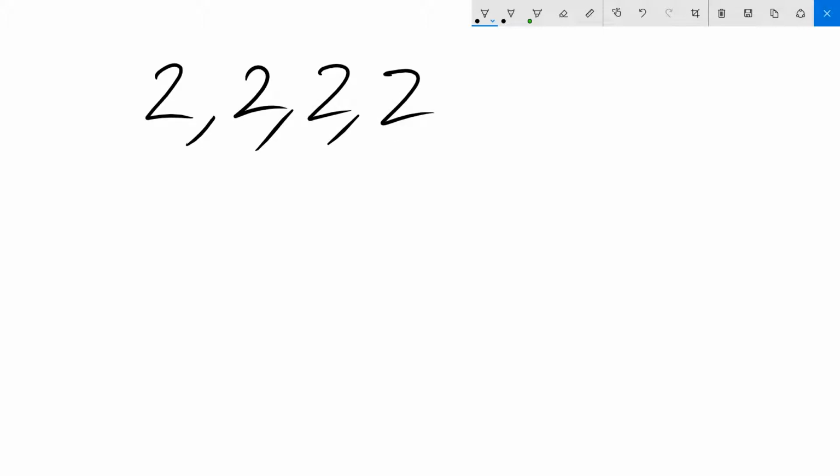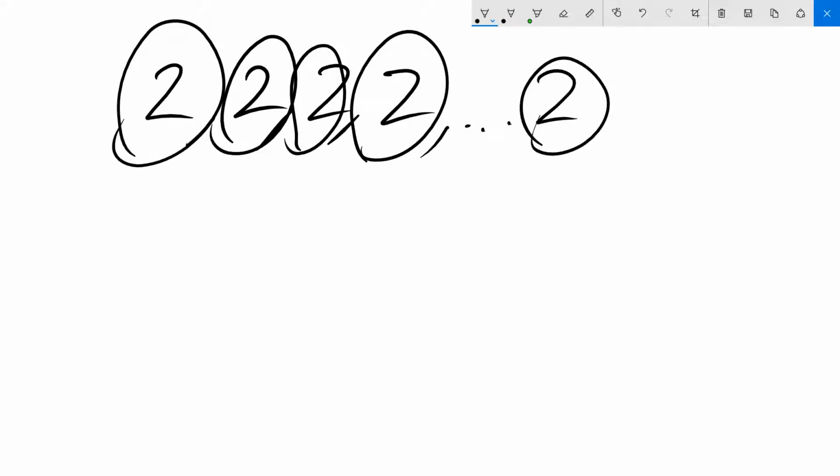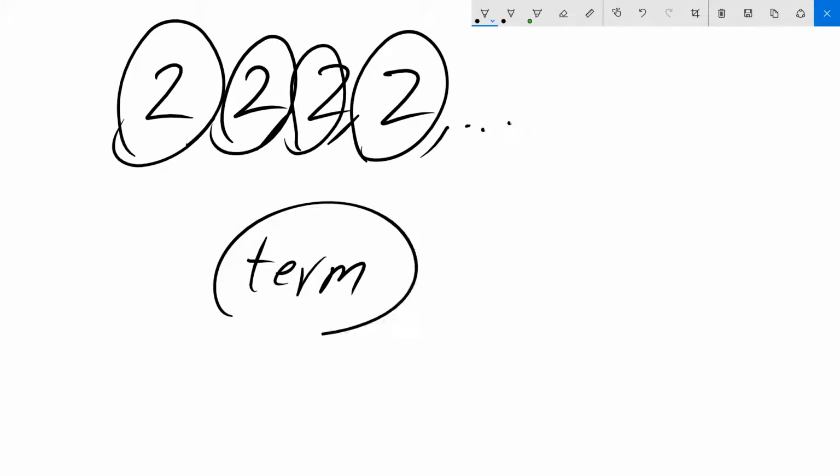So, each number here that I've circled, and every number onwards, all numbers, they are considered a term, right? And depending on where they are in the sequence depends on what term they are.